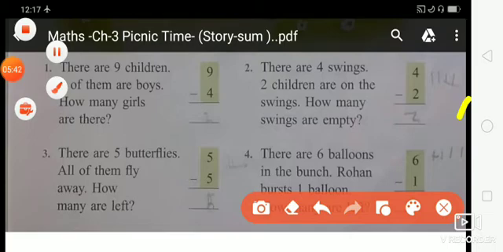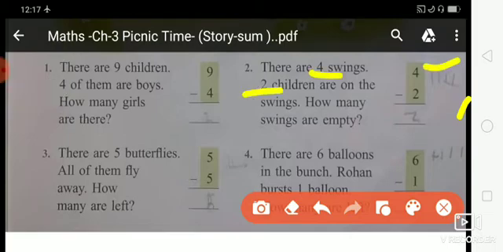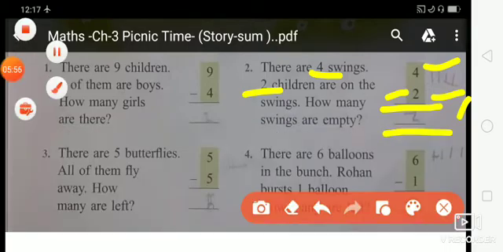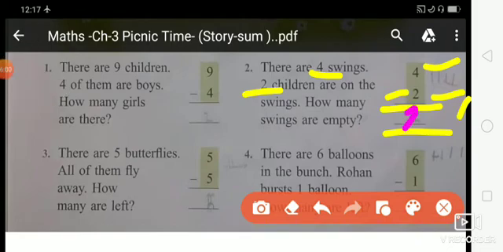First of all, write your 4 and after that write the number 2, the subtraction sign, and after that the box. 4 minus 2 is equal to 2.